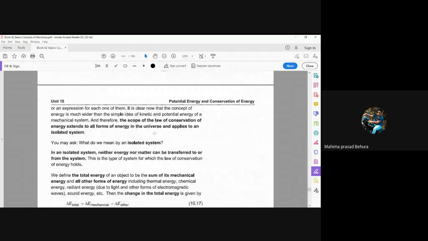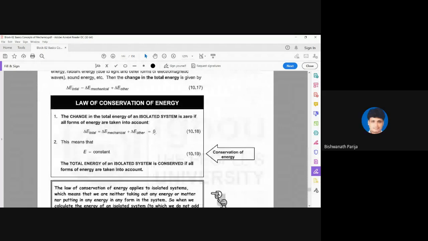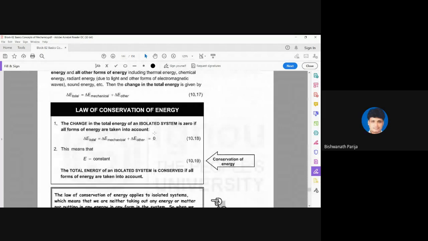The law of conservation of energy: the change in the total energy of an isolated system is zero if all forms of energy are taken into account. Total mechanical energy plus other forms of energy equals zero change. So your energy is constant, because for an isolated system the total change in energy is zero, final energy equals initial energy.